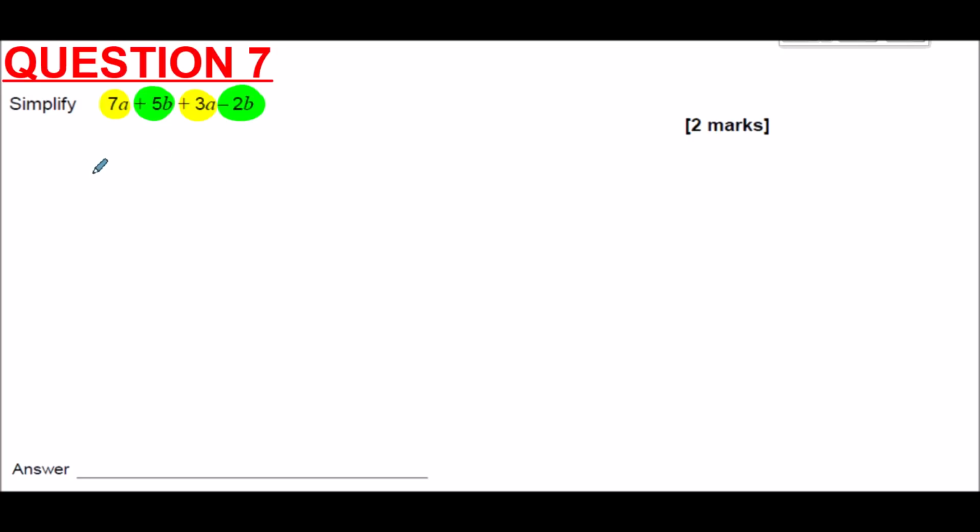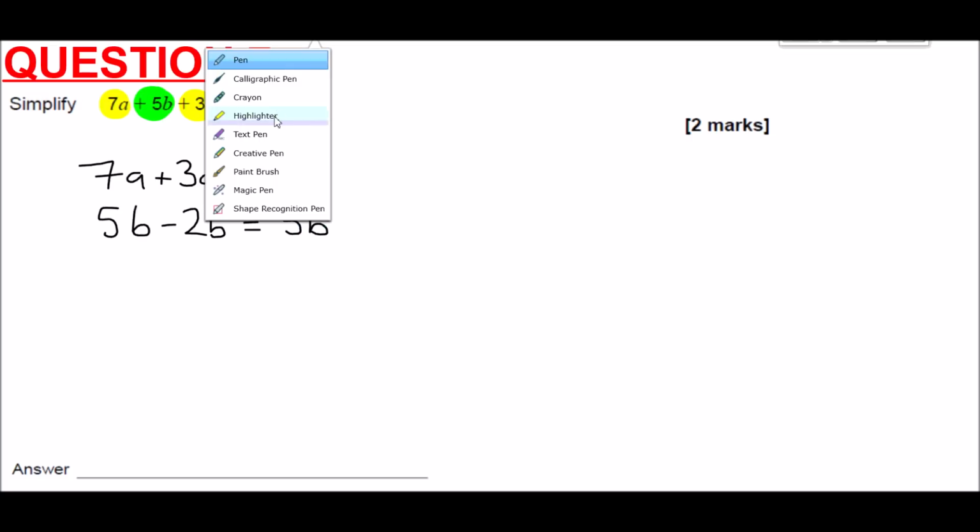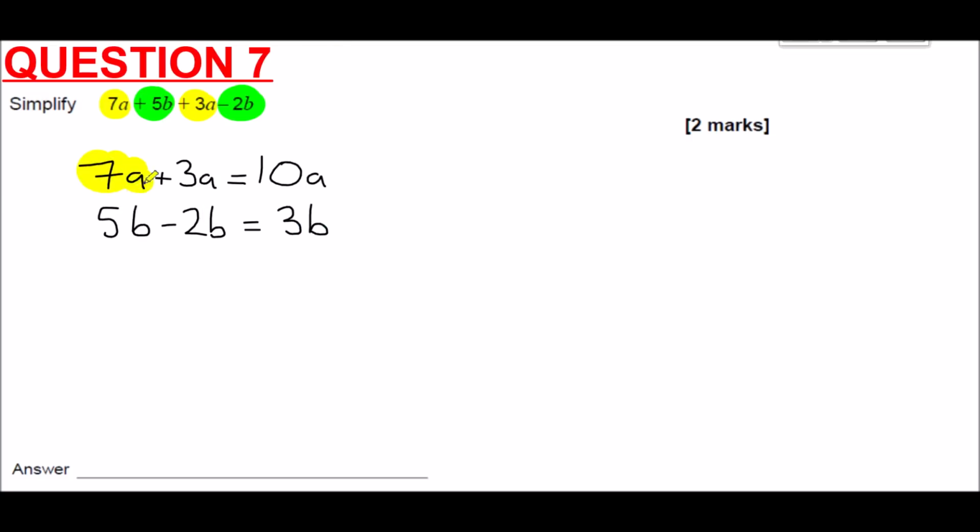So we need to group these together. So just thinking about the a's, we've got 7a plus 3a, which gives us 10a. Now for b's, we've got 5b. Over here, we've got a minus. So this 2b we treat as a minus. So 5b minus 2b would give us 3b. And so what we need to do next is to piece these 2 things together to give us our final answer.